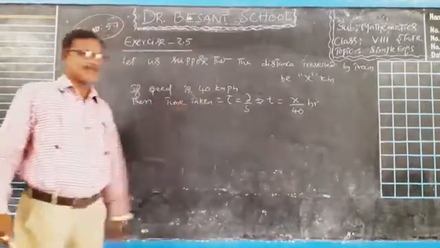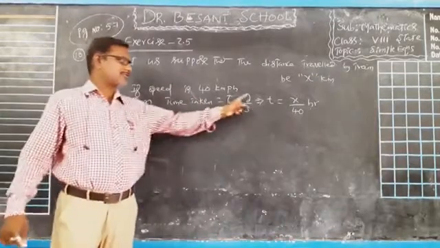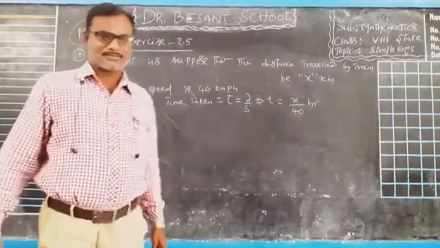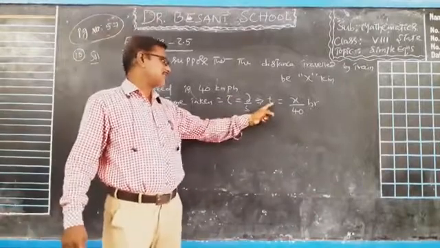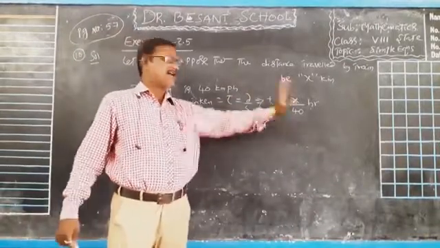If the speed is 40 kilometers per hour, then time equals distance by speed. What is the formula for time? Time equals distance by speed. So the time equals distance x by speed 40 hours.